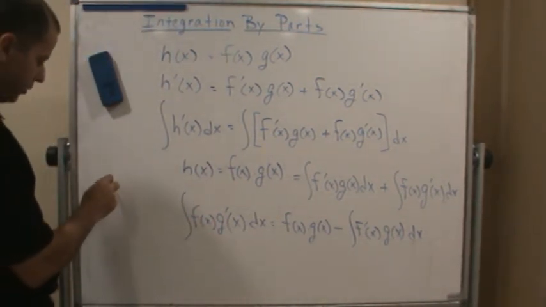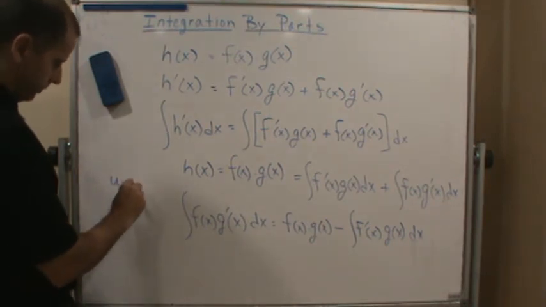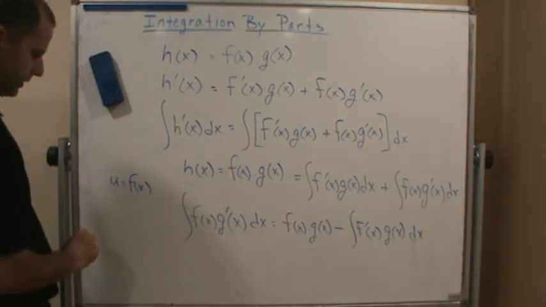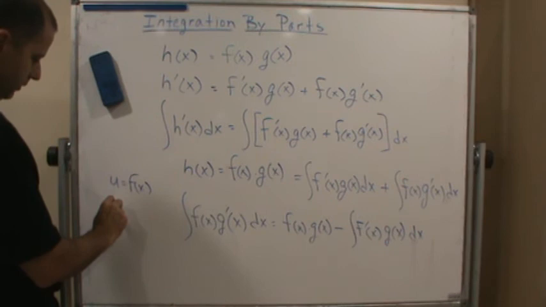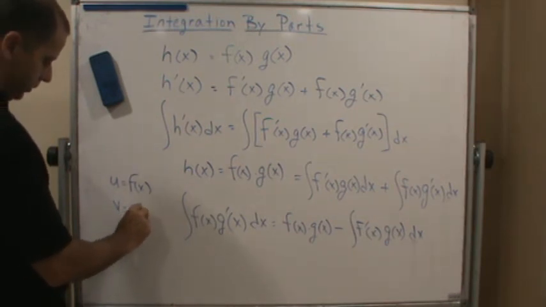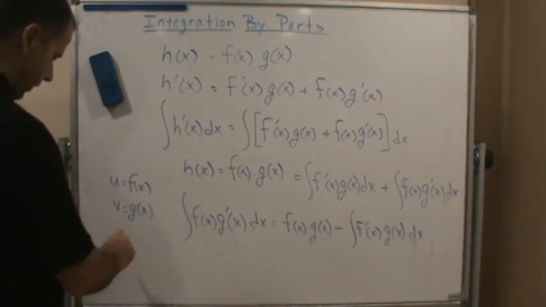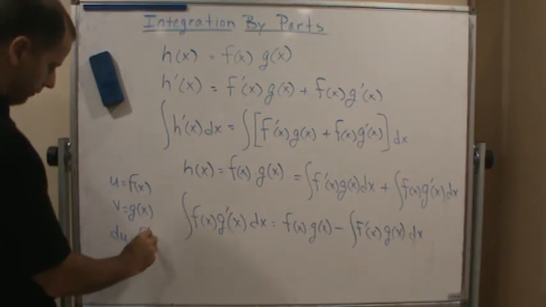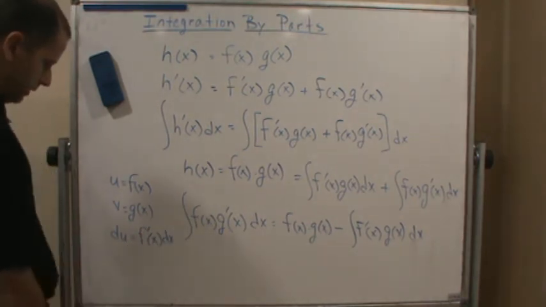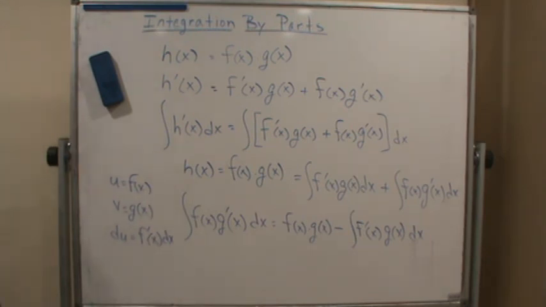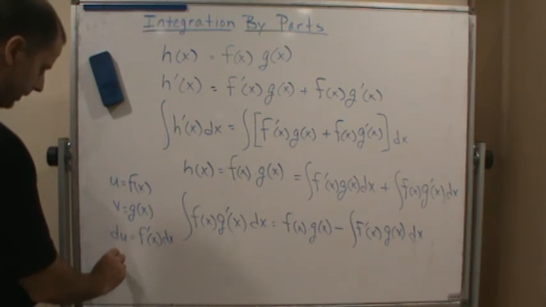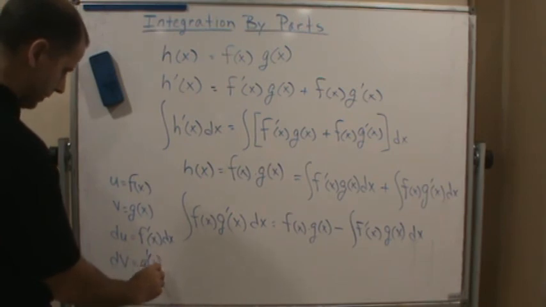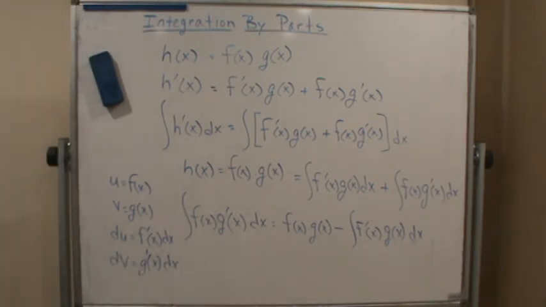So let u equal f of x, let v equal g of x, and so of course du is going to equal f prime of x dx, and dv equals g prime of x dx.